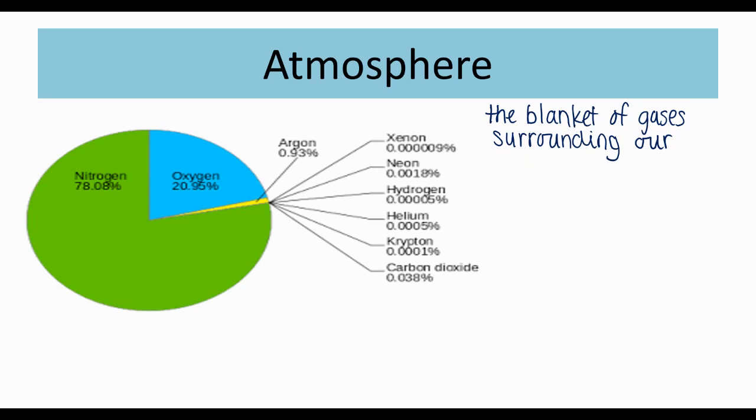So the most abundant gas in the atmosphere is going to be nitrogen gas at 78%. And then 21% of our atmosphere is going to be made up of oxygen gas.